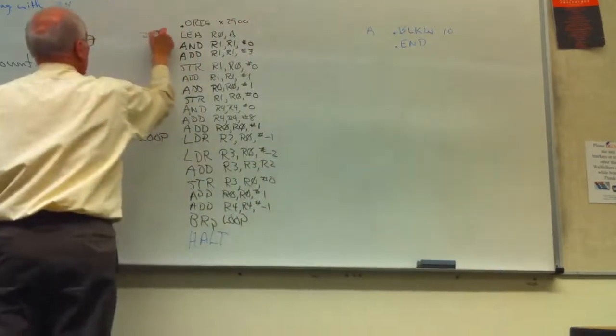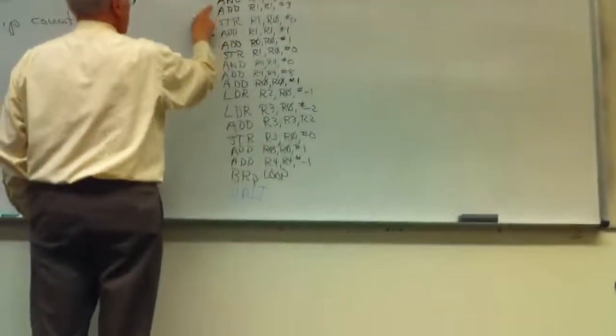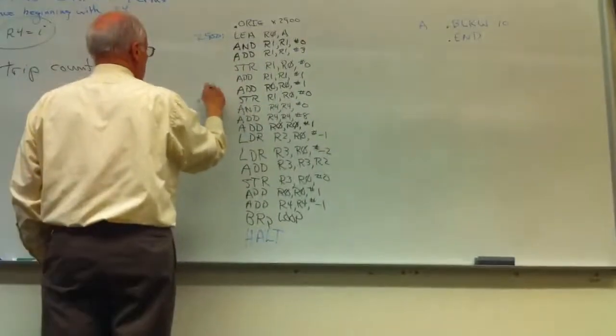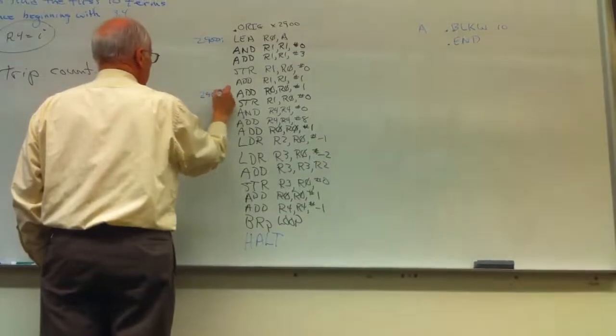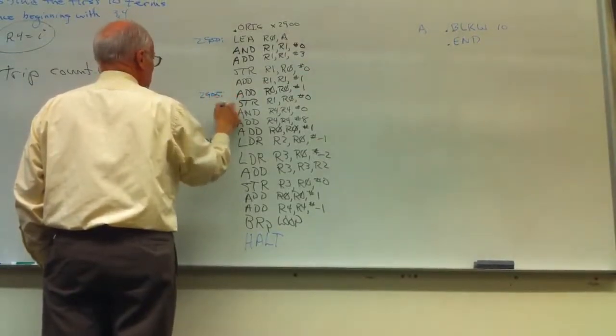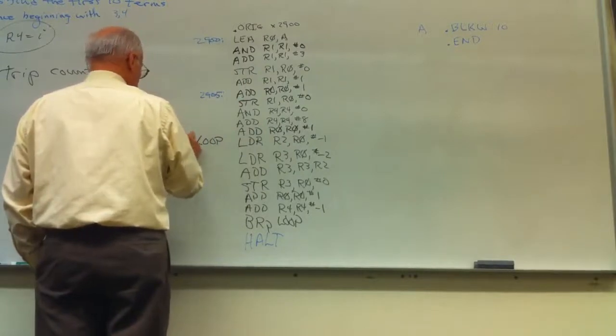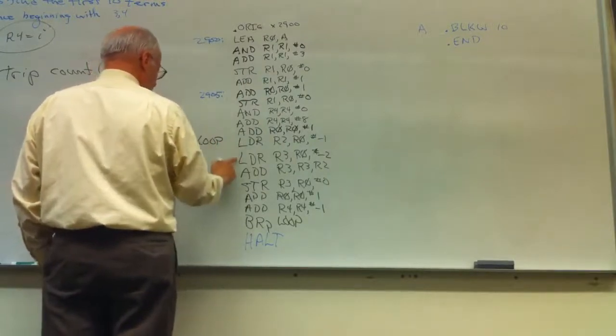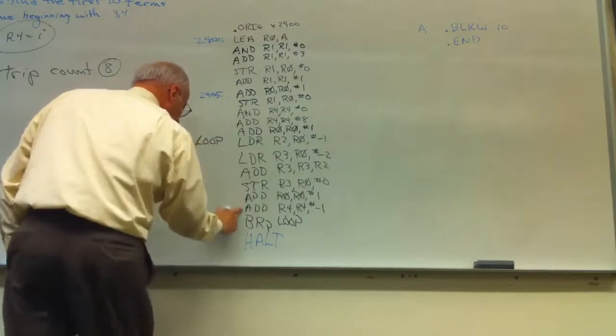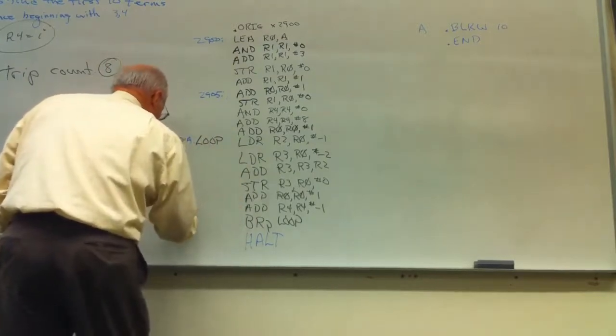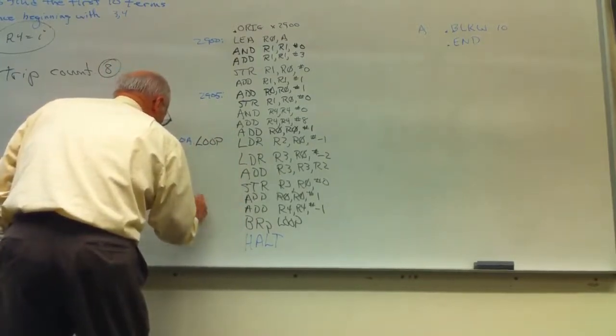This is location 2900, 1, 2, 3, 4, 2905, 6, 7, 8, 9, 10, 11, 12, 13, 14, 15. So this is 290F.